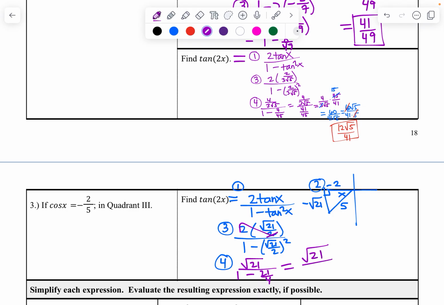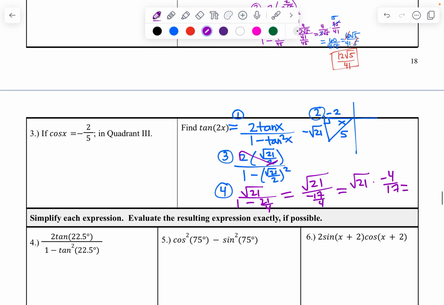Well, 1 would be 4 over 4, so minus 21. 4 minus 21 would give us negative 17 over 4. And so then if we multiply by the reciprocal, times negative 4 over 17, we're going to get negative 4 times the square root of 21 over 17. And that's what the tangent of 2x would equal.